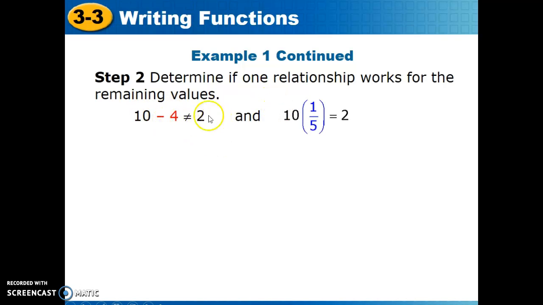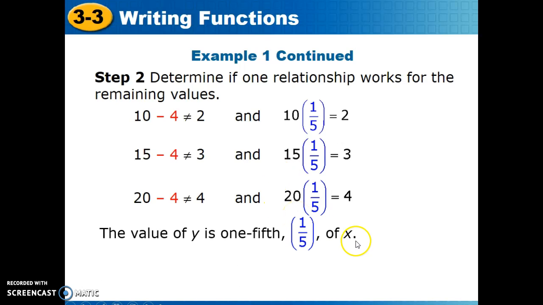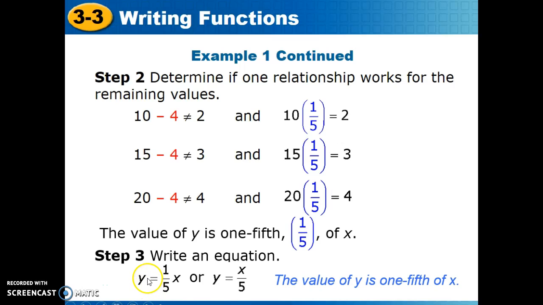We can see subtracting 4 didn't work for the second value, but multiplying by 1/5 or dividing by 5 is working for all of the ordered pairs. The value of y is 1/5 x. Write the equation. The value of y is, equals means is, 1/5 of x, or y equals x divided by 5.